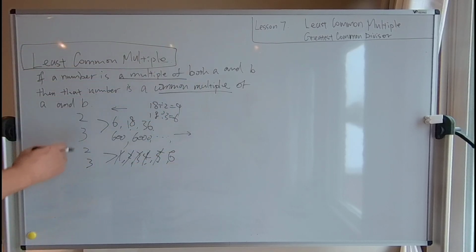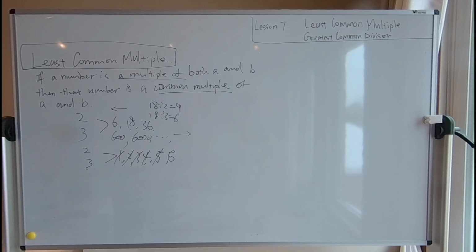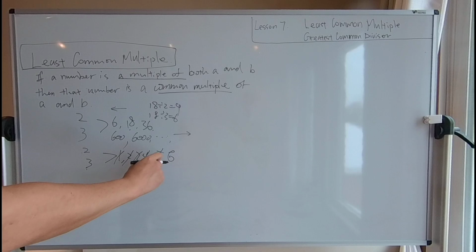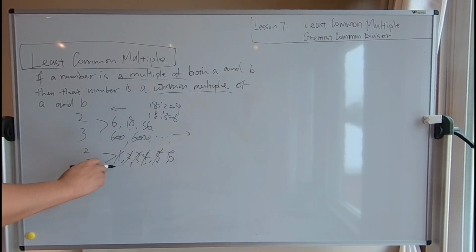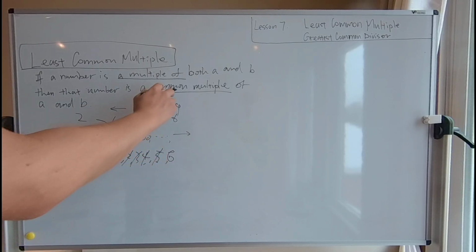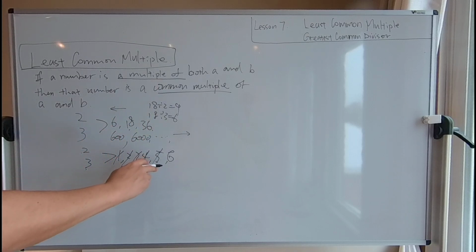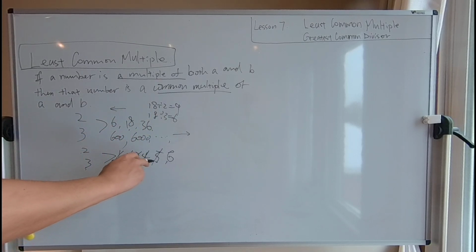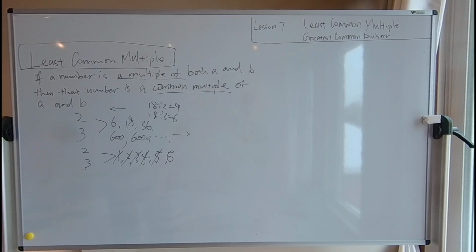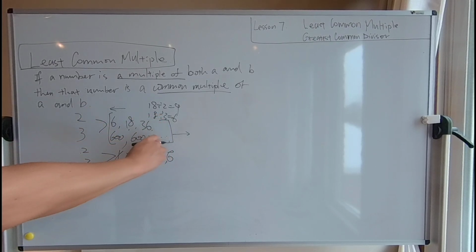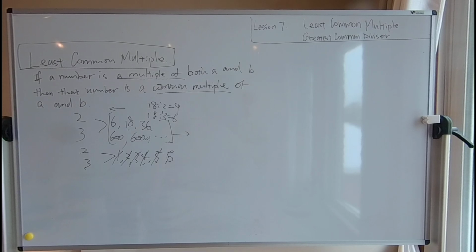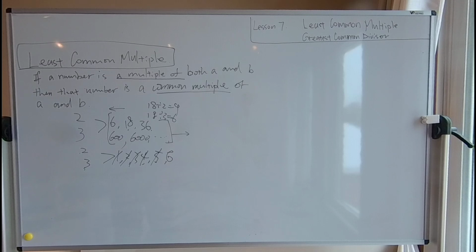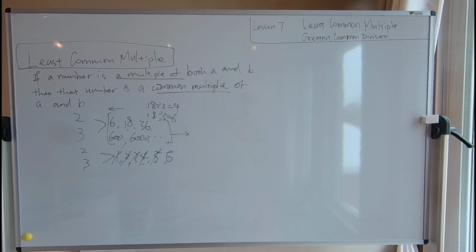And here, if we're just talking about positive integers, because I'm giving the example of two positive numbers, then among all positive integers, there's no other number that is a common multiple of 2 and 3 but at the same time smaller than 6. So there does exist a lower bound among all possible common multiples, and it will be interesting to look for that lower bound, that lowest or smallest possible common multiple.